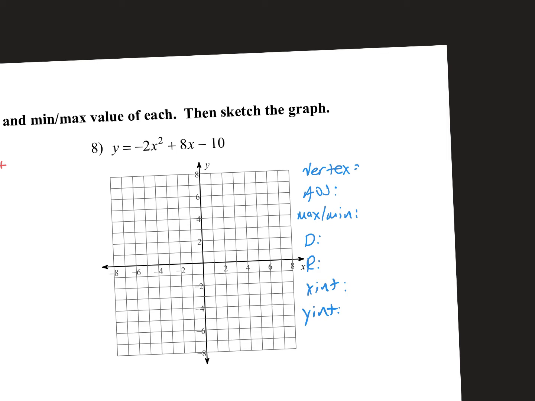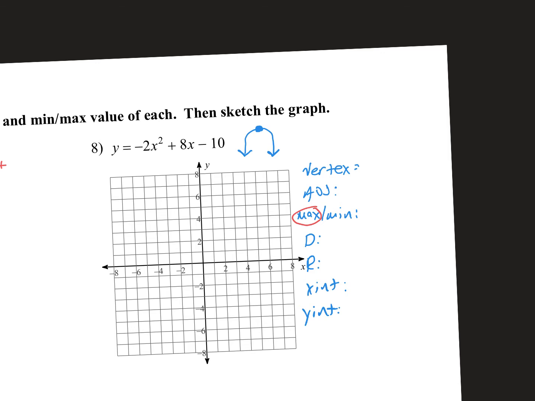What do you notice about this equation? It's negative, which means it's facing which way? It's facing downwards, okay? That gives us a lot of information. That means this vertex, is it the minimum point or the maximum point? That's the maximum. That's the highest that parabola is going to go.